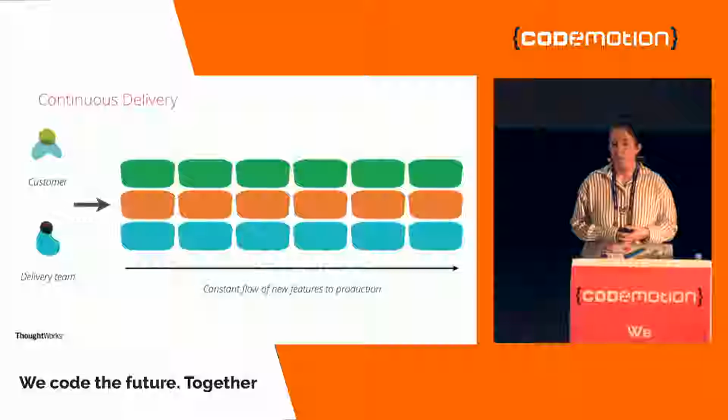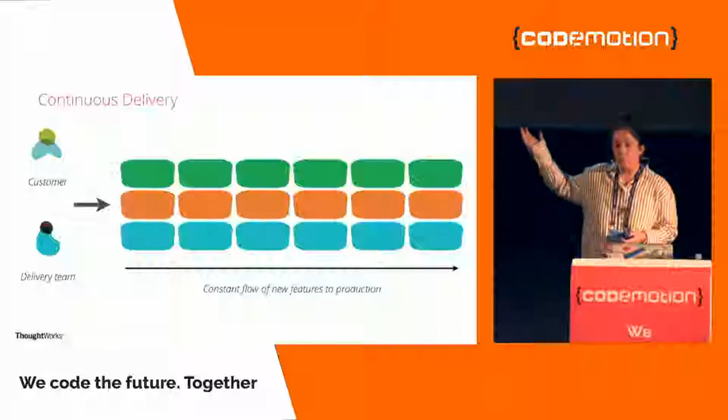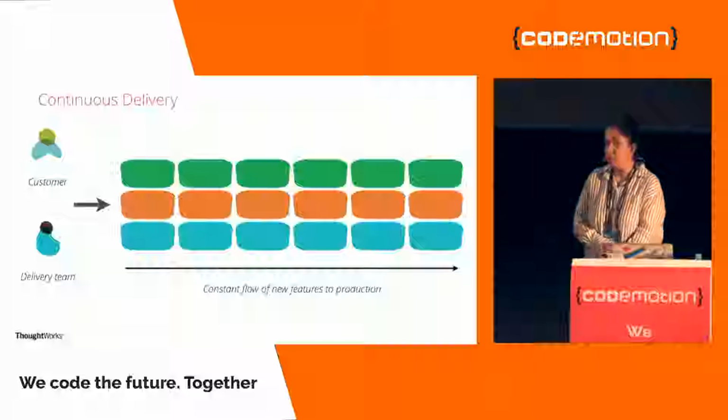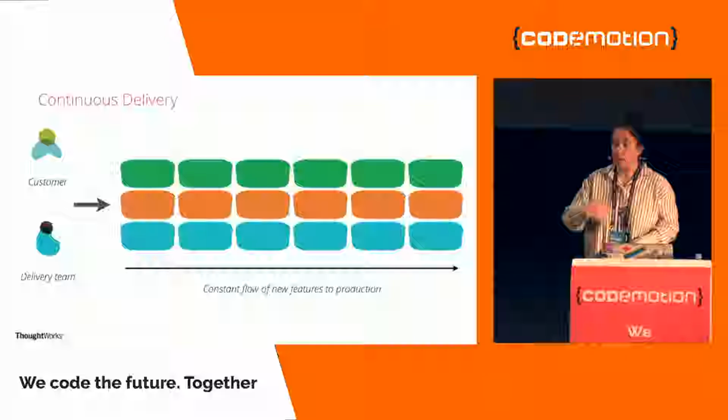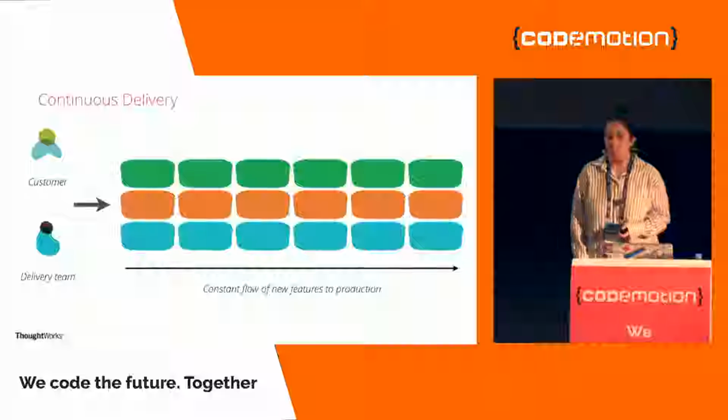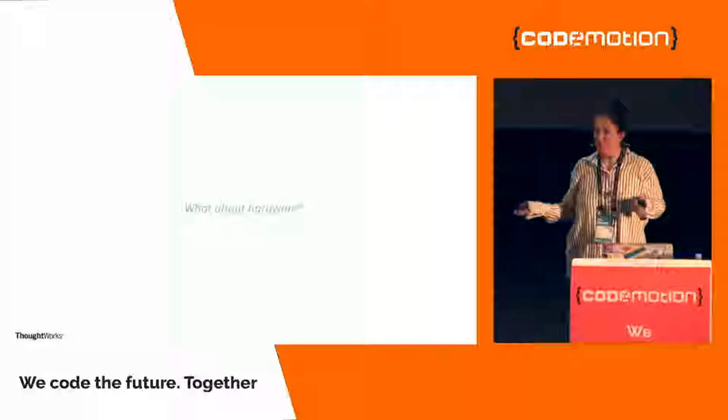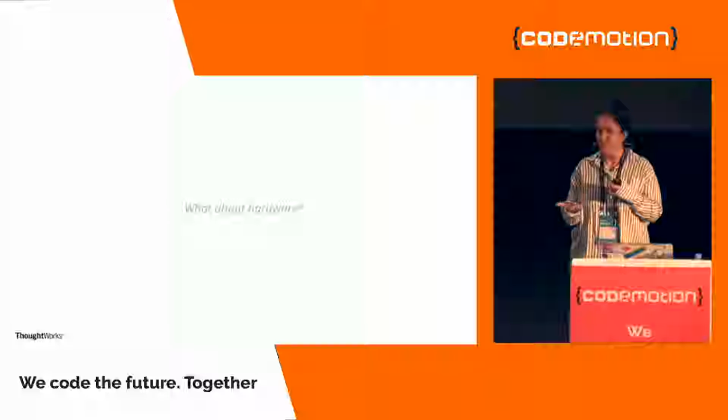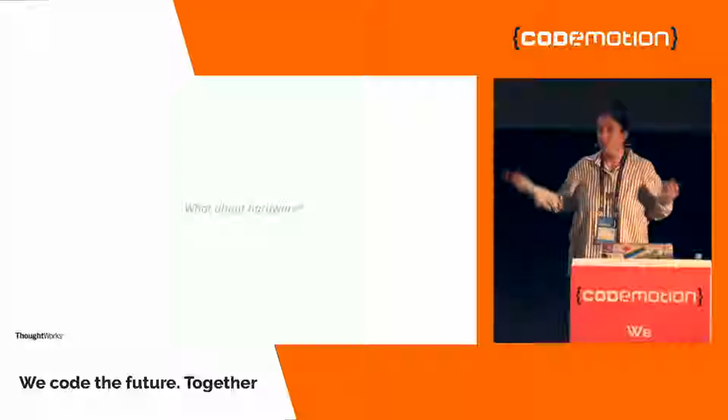Software delivery companies, organizations building products with software, have been working for many years towards this type of environment where we have this very nice way of delivering value. But what happens when that organization also has a hardware component?